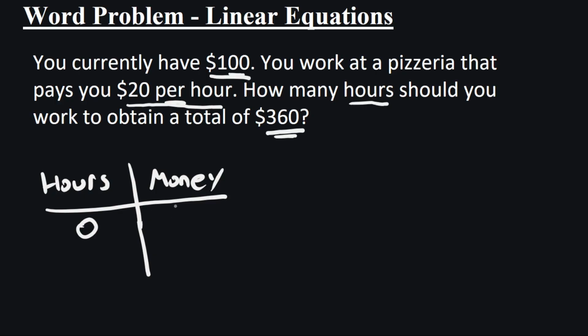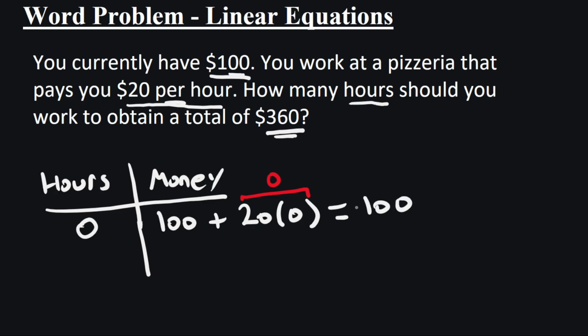Well, we would have the 100 we started with, since that doesn't go away. But then, remember, we get $20 per hour. How many hours did we work? We worked 0 hours. So what's 20 times 0? That is just 0.